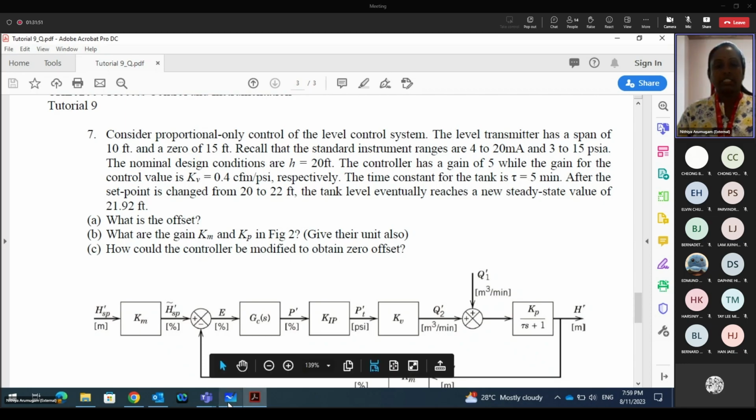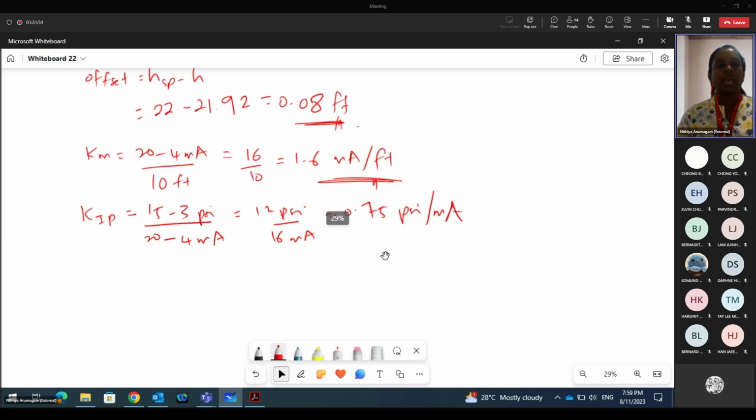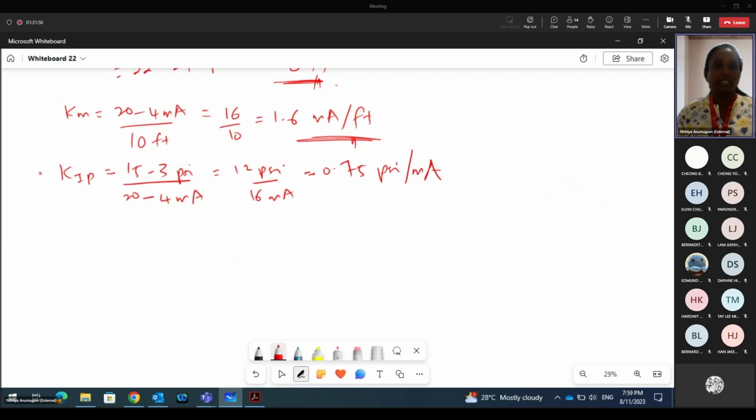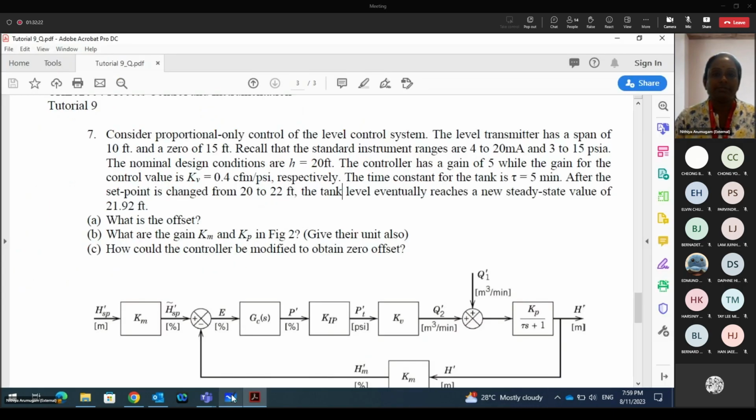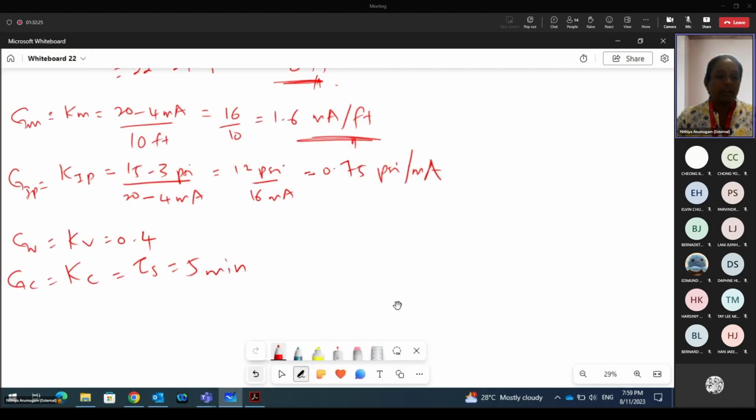So for all the conditions, the Km, Kip, everything, here actually Gm equals to Km, Gip equals to Kip, Gv equals to Kv, given in the question 0.4, and then for Gc, Kc. And the tau given is 5 minutes, right?